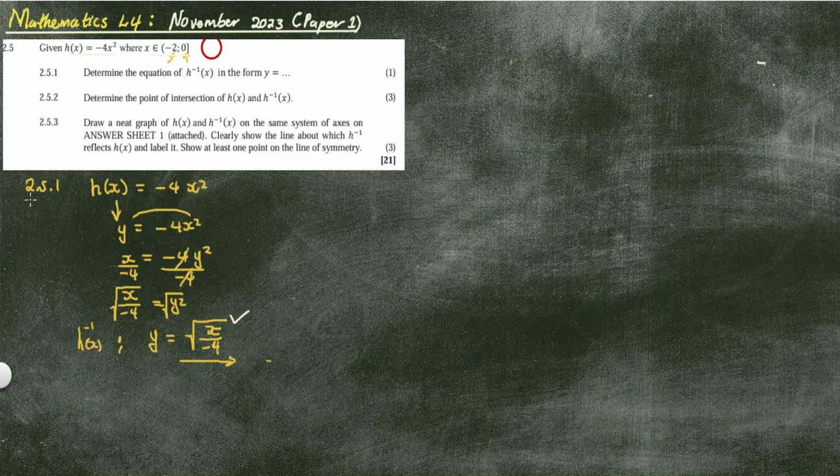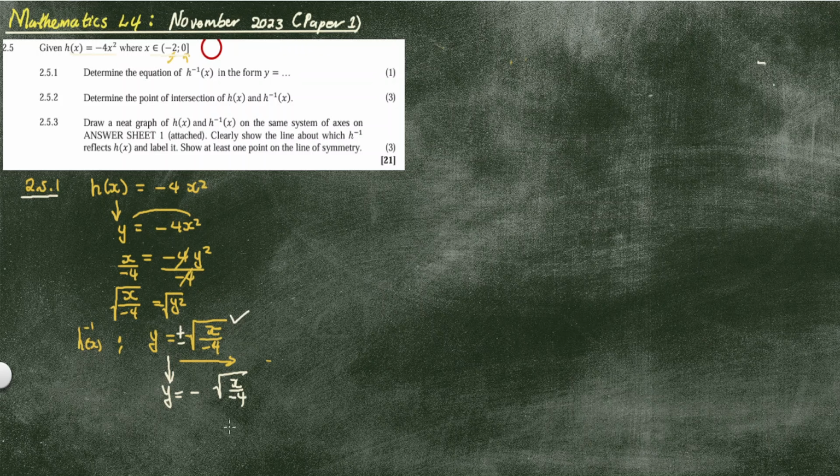So in 2.5.1, y is equal to plus or minus the square root of x over minus 4. But now we should be working with y equal to minus the square root of x over minus 4.